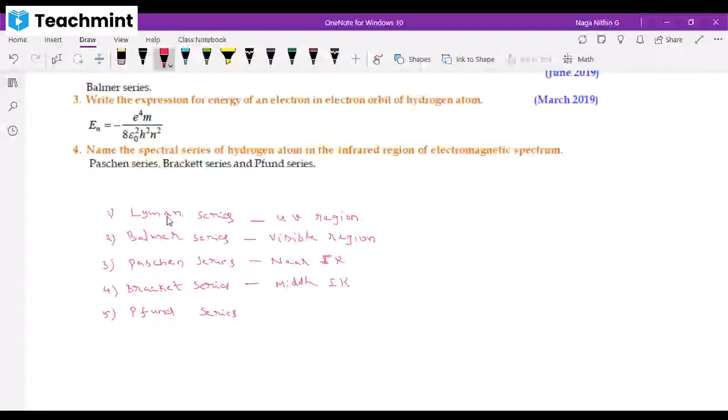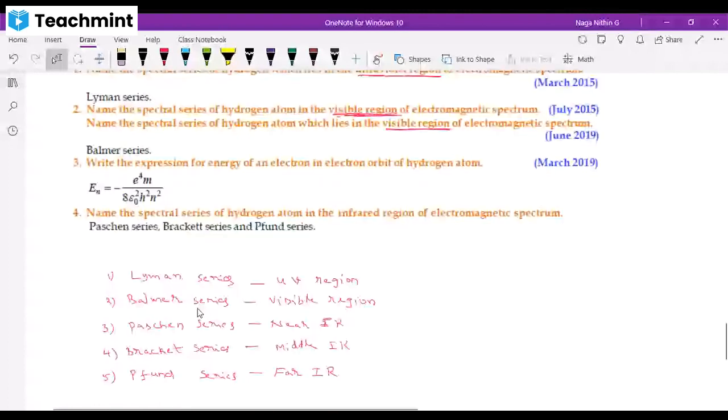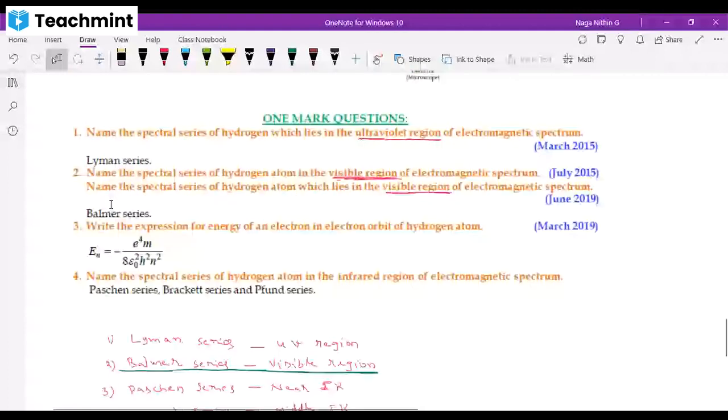This will be far infrared. Okay. So visible region means it will be Balmer series. So this is the answer for it. Balmer series lies in the visible region. Okay. Answer for the second question will be Balmer series.